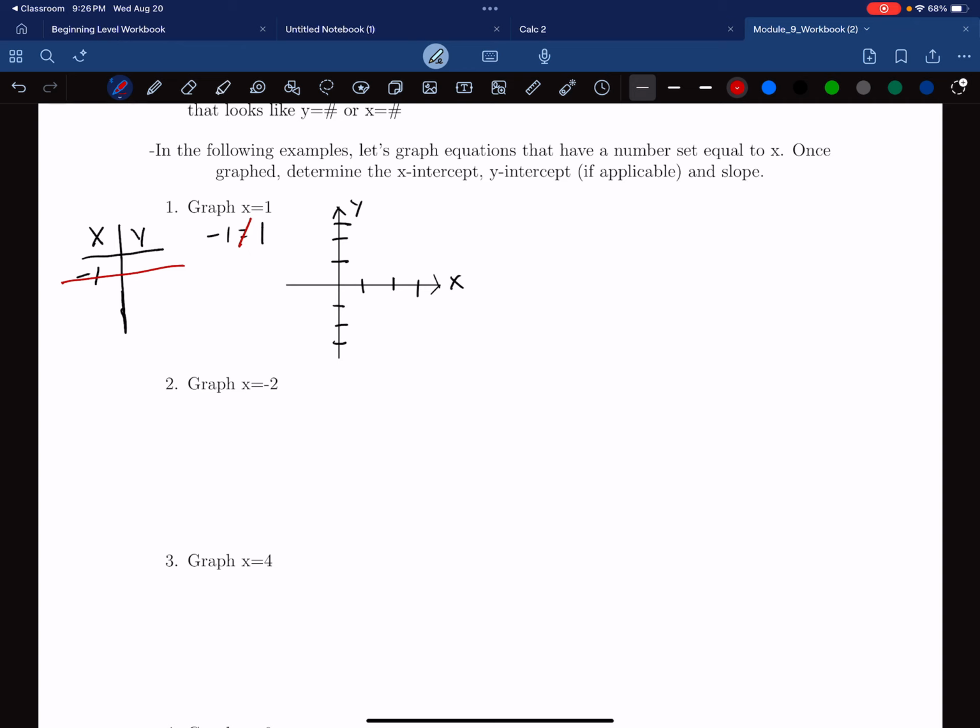But let's try the x value of 1. I'm going to plug in 1 wherever I see x. So, x is here. I'm going to say, 1 equals 1. Well, in this case, this is true. 1 does equal 1, but we don't have a specific value for y or x in this case.